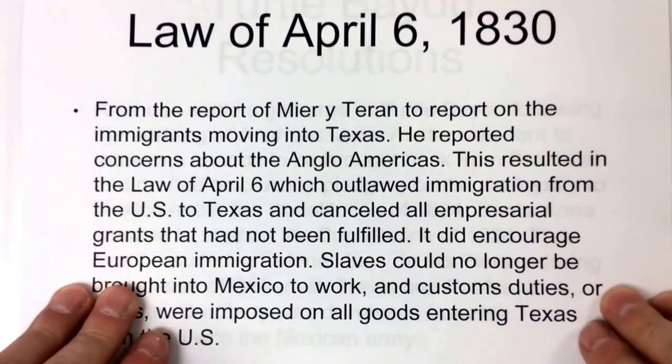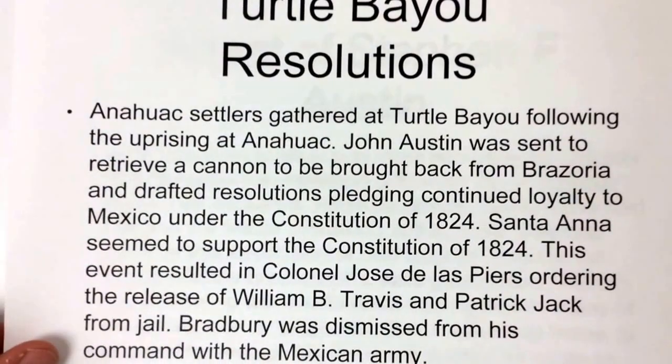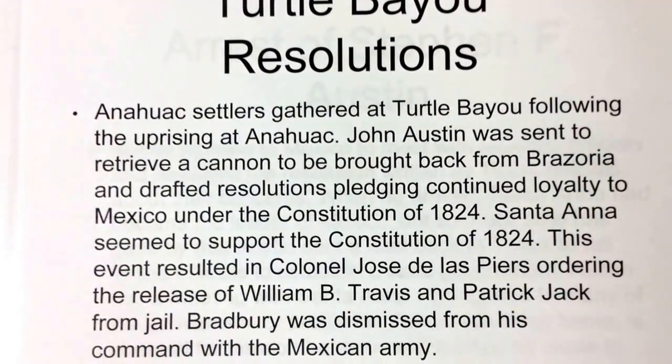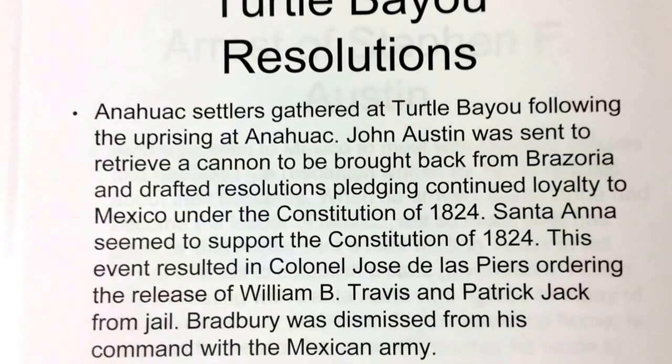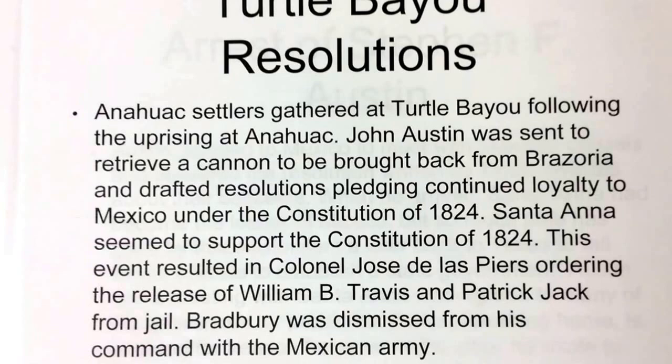The next to last thing that we have is the Turtle Bayou Resolutions. In Anahuac, which is down in South Texas along the Gulf Coast, settlers gathered at Turtle Bayou following the uprising in Anahuac. John Austin was sent to retrieve a cannon to be brought back from Brazoria and drafted resolutions pledging continued loyalty to Mexico under the Constitution of 1824. Santa Anna, who later leads the Mexican army in the battle for independence with Texas, seemed to support the Constitution of 1824.